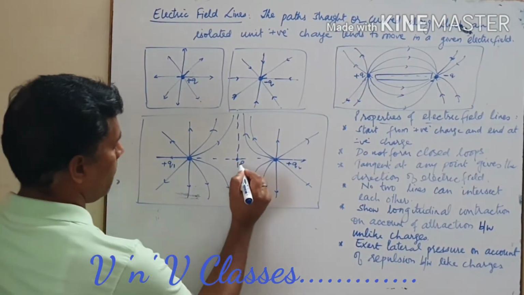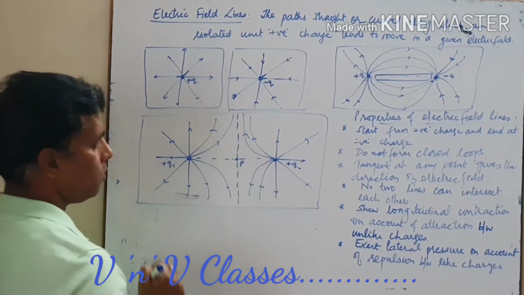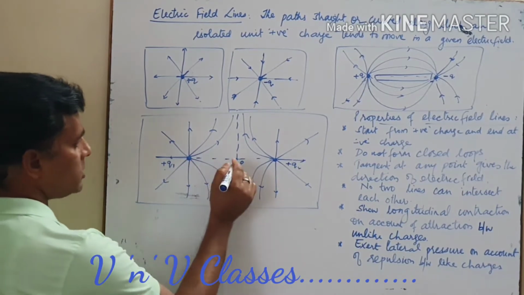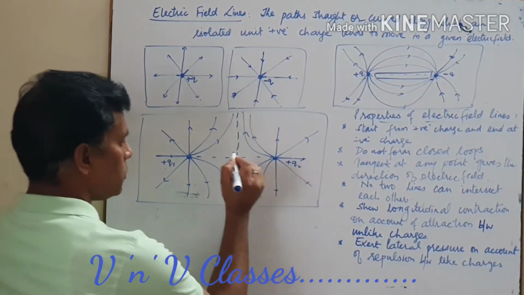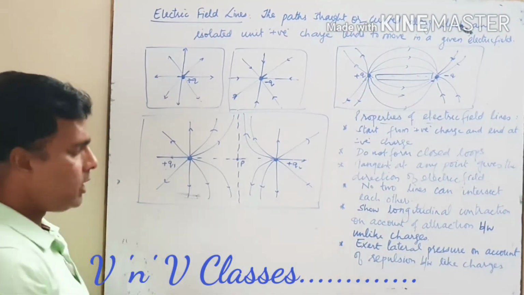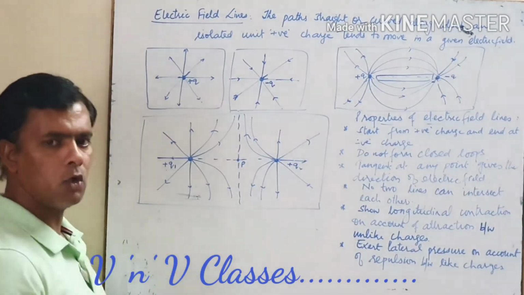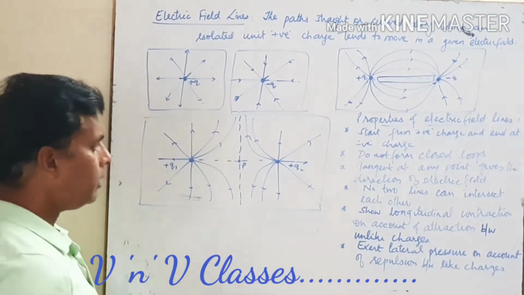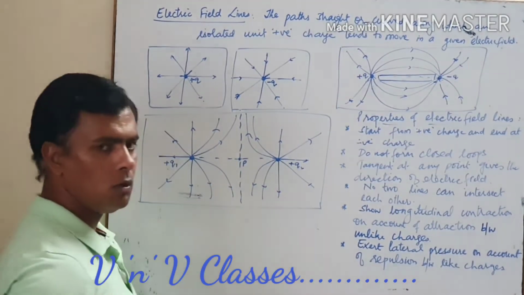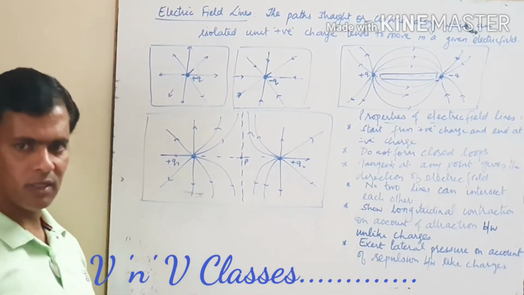See, we have pointed out here a point P. Here, the field of q1 is effective, and the field of q2 is effective. So at this point P, the net field because of the two comes out to be 0. Remember, the fields because of q1 and q2 will be opposite to each other.